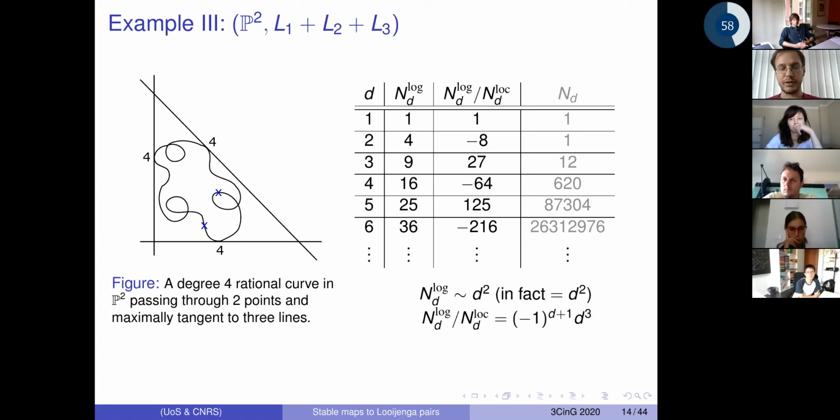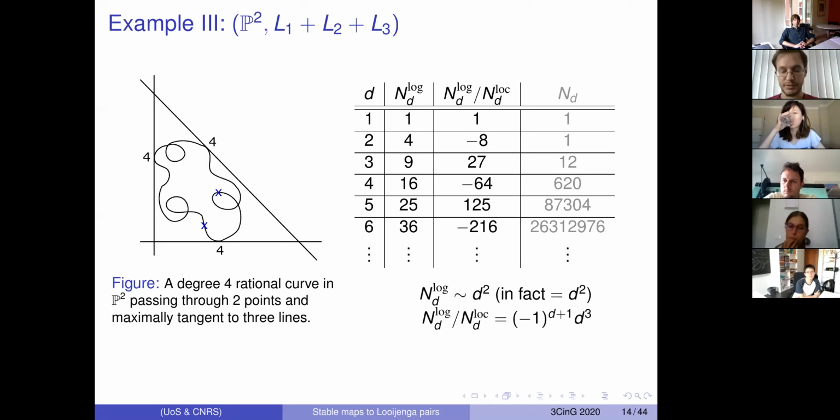And if one computed the log invariants and computed ratios of the log versus local invariants, there would again be a power law, where instead of a quadratic growth we would have a cubic growth. And if one tried to do the same thing with a smooth cubic, one would find a linear growth. So the growth is experimentally something like D to the L.